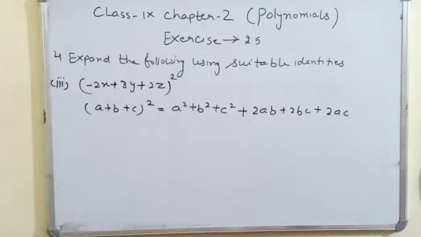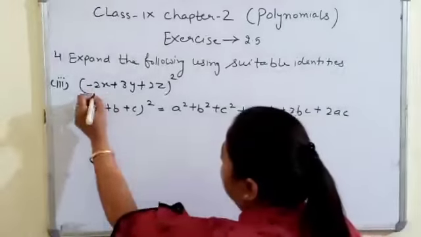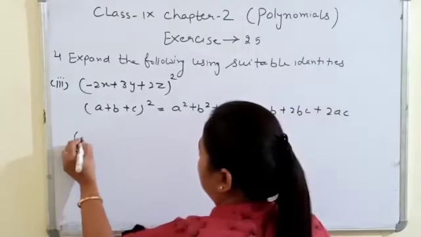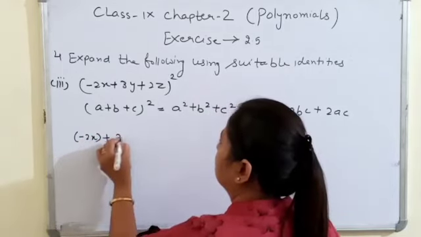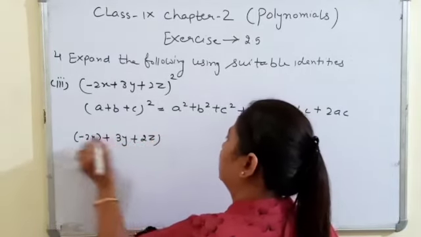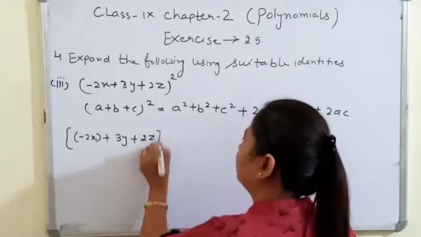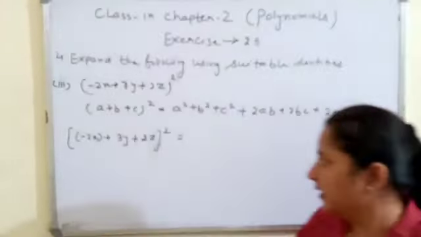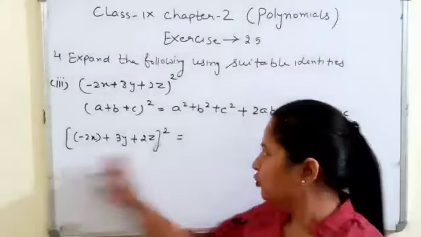This is also the same as question number second. In place of a, we are having the value minus 2x. So how can we write it? Let's write it in the bracket. Now you can solve it easily. What is a here? That is minus 2x. What is b? That is 3y, and c is 2z. So apply it.